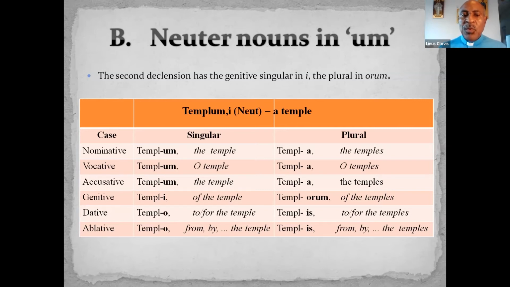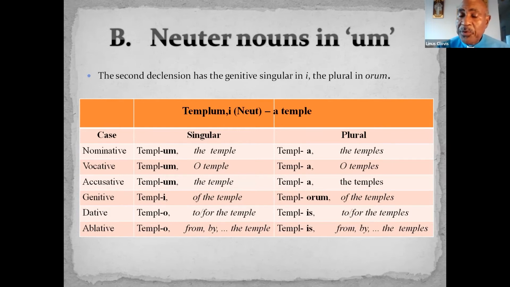So looking at the nominative case, we have templum. I've taken out the um because that's what's going to change. The stem is templ, and that remains unchanged throughout. So we're only looking at the ending. In the nominative singular, it's templum.